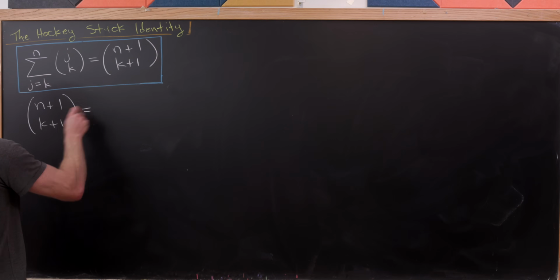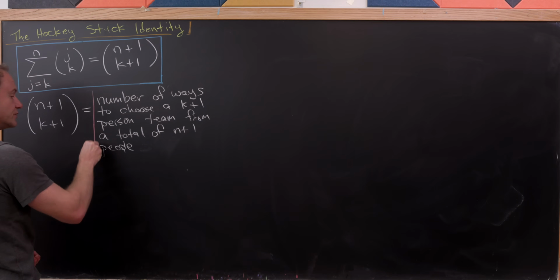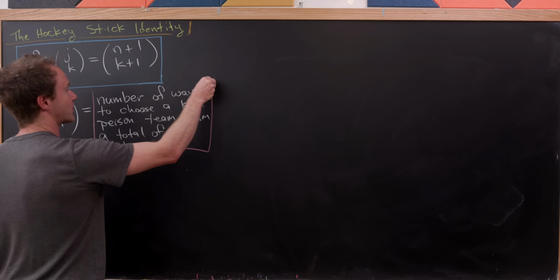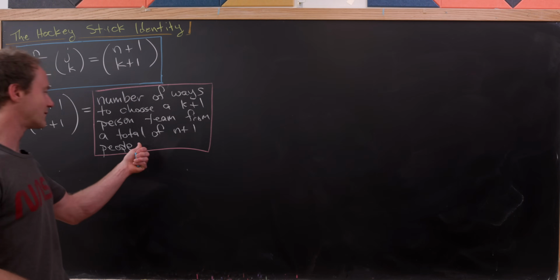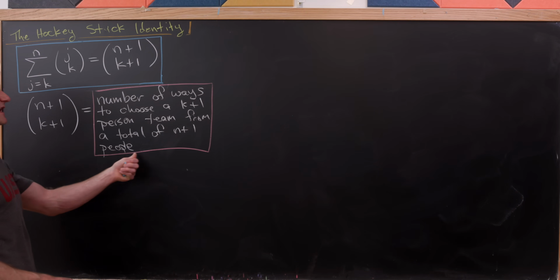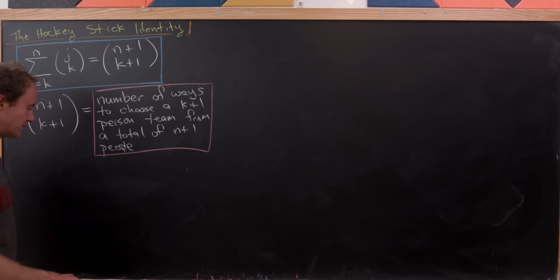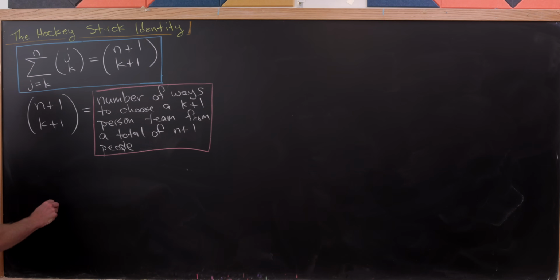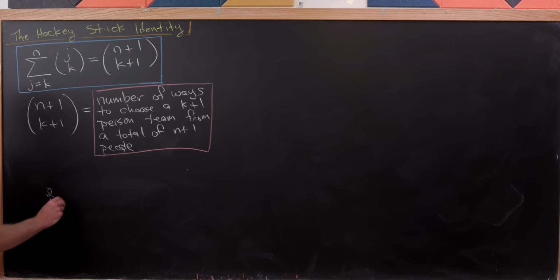And I'm going to think about this as the number of ways to choose a k plus 1 person team from a total of n plus 1 people. And then what we're going to simultaneously do is put the n plus 1 people in this scenario in a line by their height.